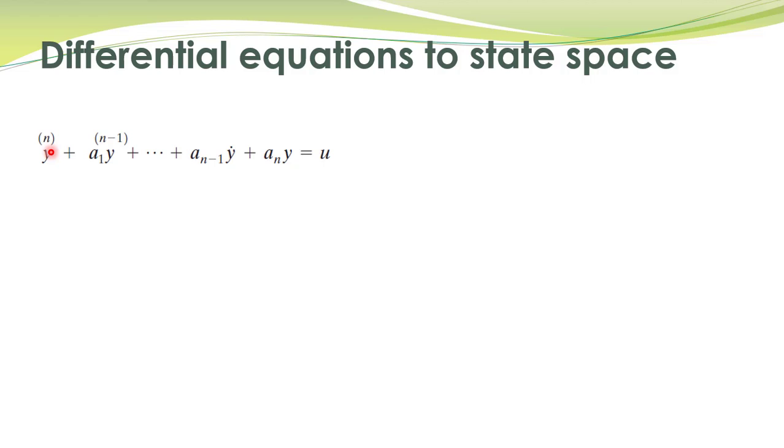We define some state variables. For example, this variable y is named as a new variable x1. We have given this a new name x1. And likewise, this derivative of y with respect to time is given another name x2, and similarly the n minus first derivative of y is given the name xn.